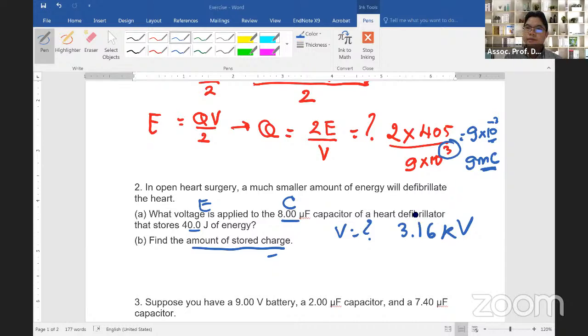Okay. Oh, the correct answer, not Nurdesi, but millicoulomb. Millicoulomb. Yeah. Nurdesi also answered me. Nurdesi Wulan, right? Okay.